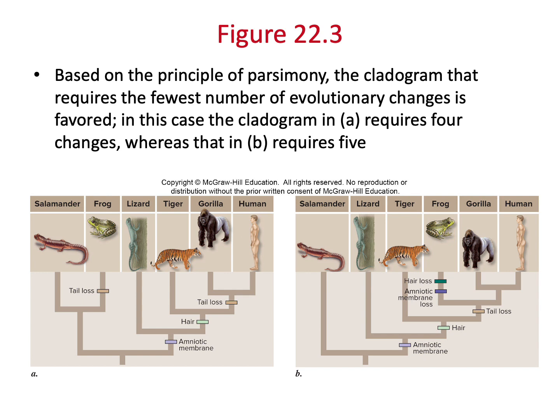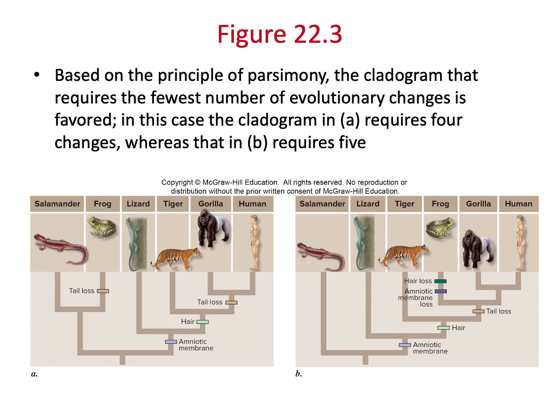If you look at these trees, cladograms A and B, the placement of frogs as closely related to salamanders requires that tail loss occurs twice, as an example of homoplasy. If frogs are closely related to gorillas, then the tail loss only had to evolve once. However, this arrangement will require 2 additional evolutionary changes where frogs would have to lose the amniotic membrane and hair.